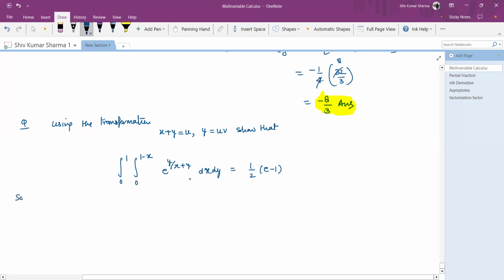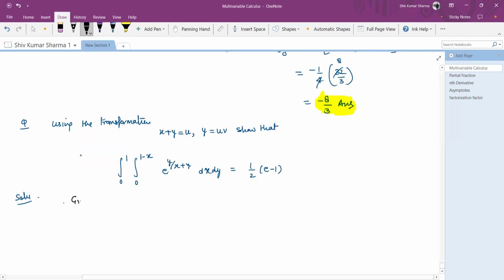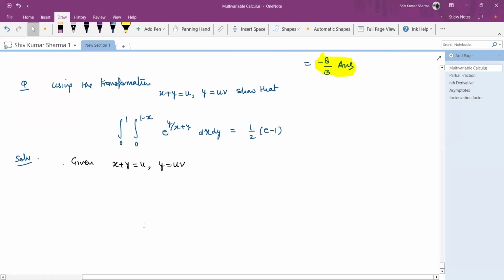Okay, so when we solve this question, the transformation is given as x plus y is equal to u and y equal to uv. First we write x as a function of u, v and y as a function of u, v.